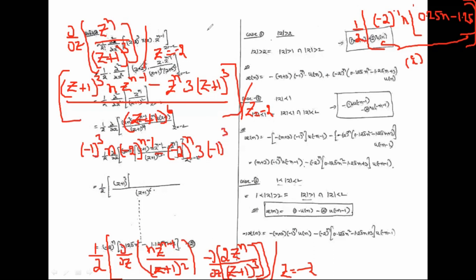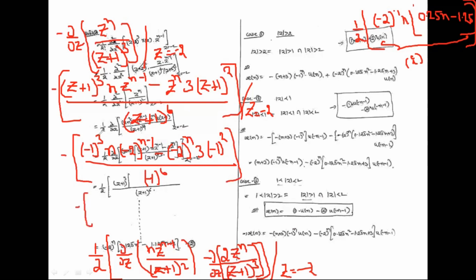This is a square only, divided by (minus 2 plus 1) whole power 6, which is minus 1 whole power 6. And before that there is a minus for this function. The total function is multiplied by minus. Minus 1 whole power 6 becomes a positive value.